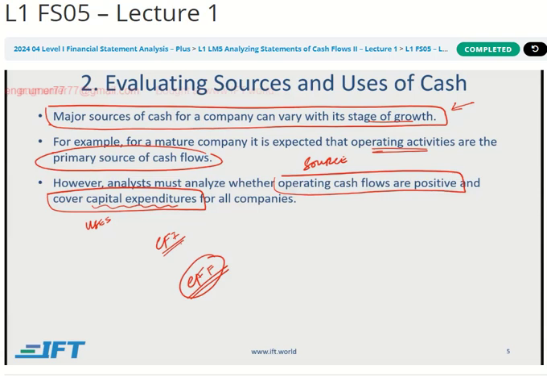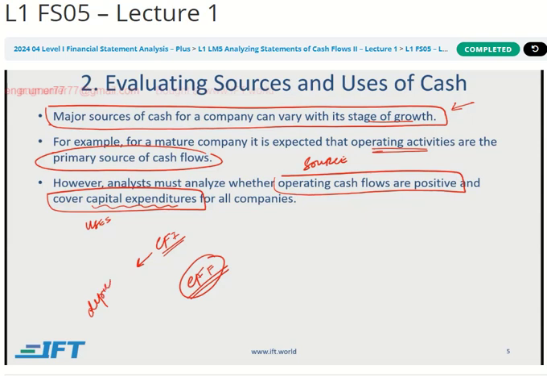And that's okay if you're a growing company, but if you're a mature company, then you just have to maintain your existing property, plant, and equipment. And the point is, do you have enough cash flow being generated from your operating activities for maintenance of your property, plant, and equipment?